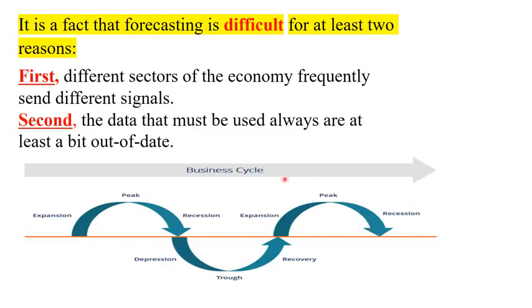This is a very nice analysis of the economic cycle, the business cycle, in a country. And this is natural. Nobody can stay in expansion all of his life, or in recession all of his life.